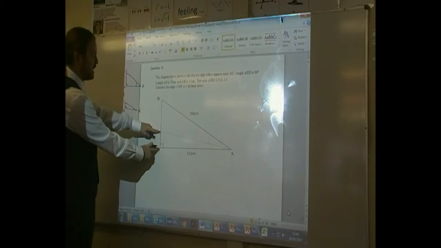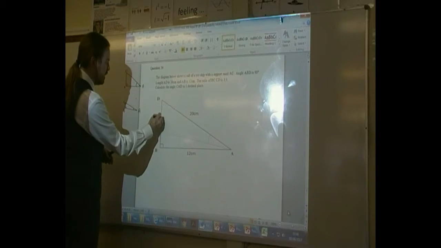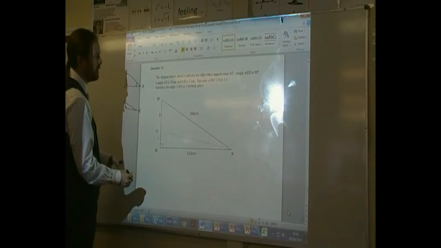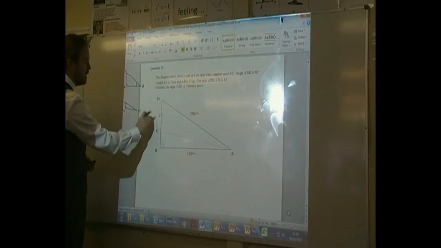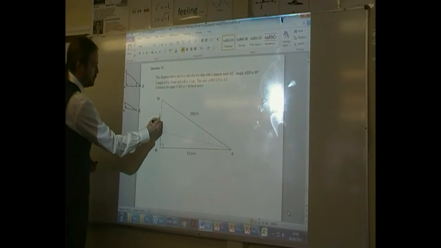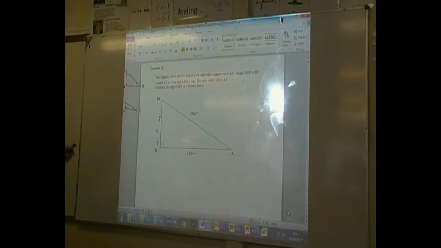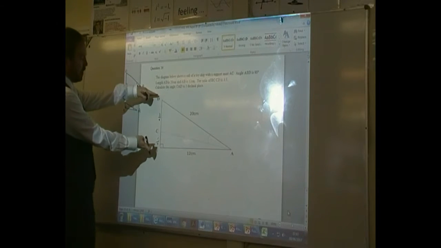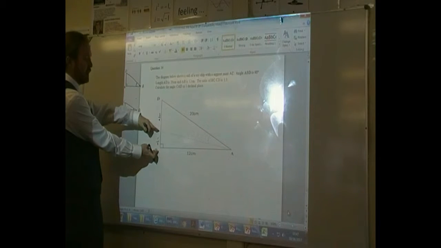Another way of thinking about that is that this is 1/4 of that line, and that is 3/4 of that line. So that means that we can work out this total length here from B to D, then we can work out the smaller one there.